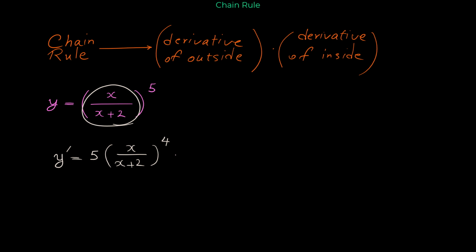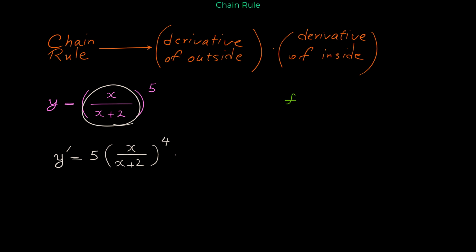For finding the derivative of x over x plus 2, we need to use the quotient rule. We have a quotient, a fraction, so we need the quotient rule. Let me remind you the quotient rule.